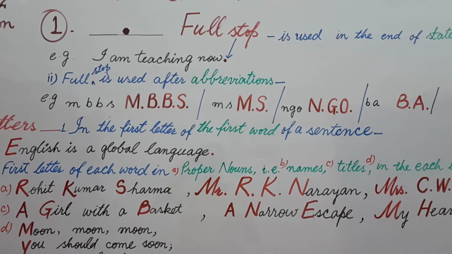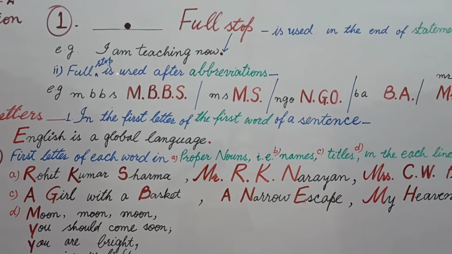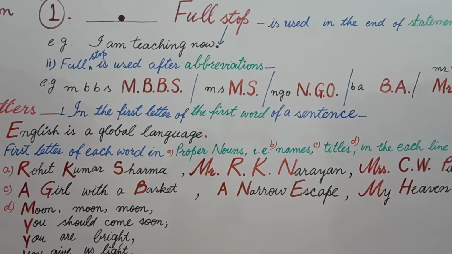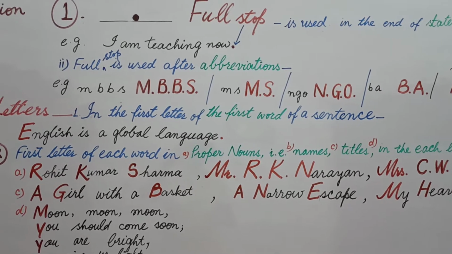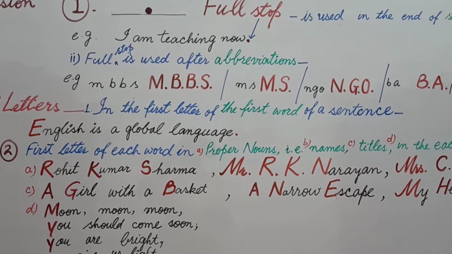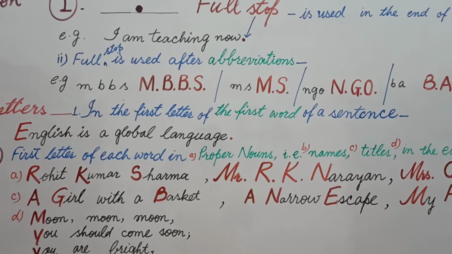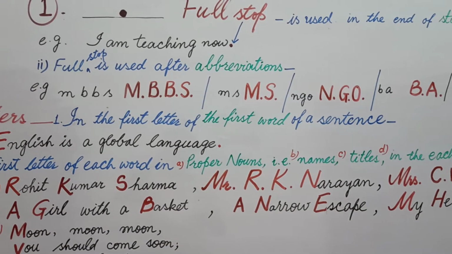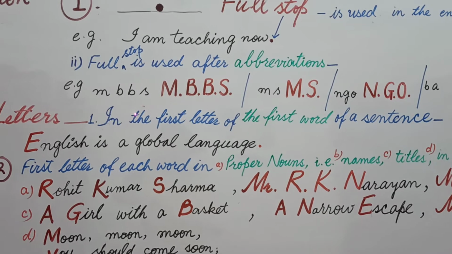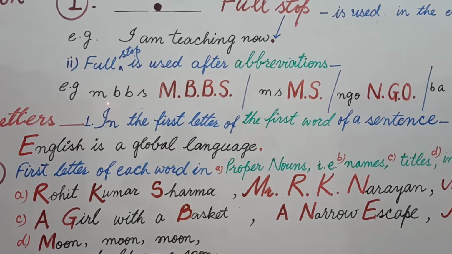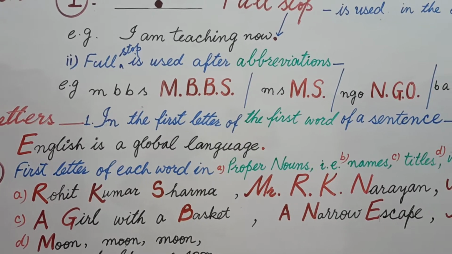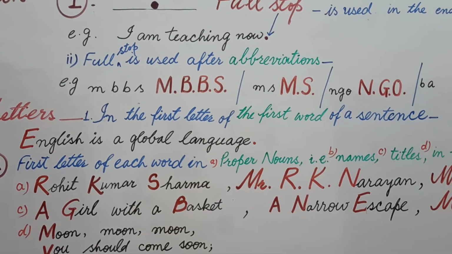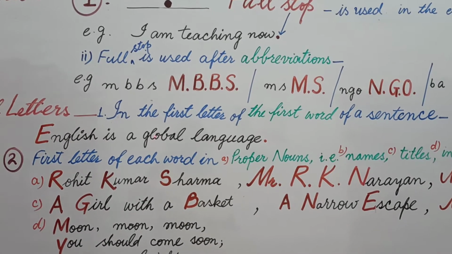Students, this full stop is also used after abbreviation. What is abbreviation? Abbreviation is a short form of some expression, just like you see MS, Master of Surgery, MBBS. Now students, in your examination this may not be in your syllabus, but whenever you write your article or anything, you use punctuation properly.